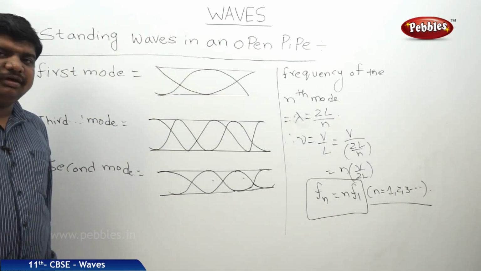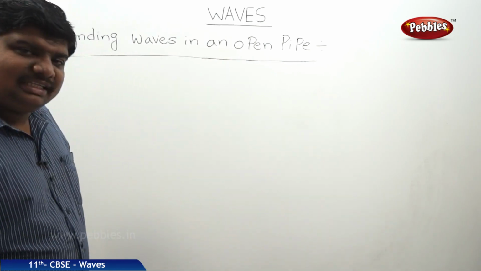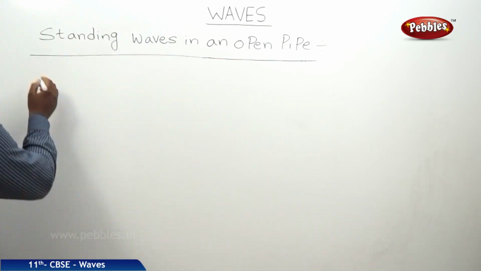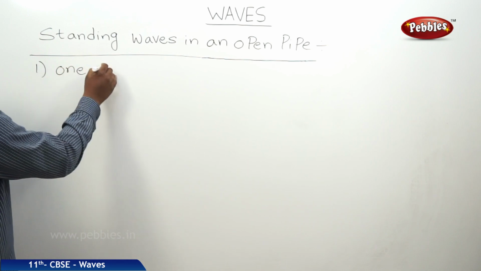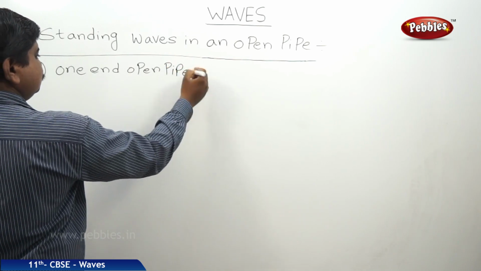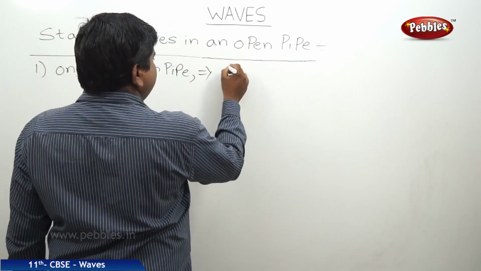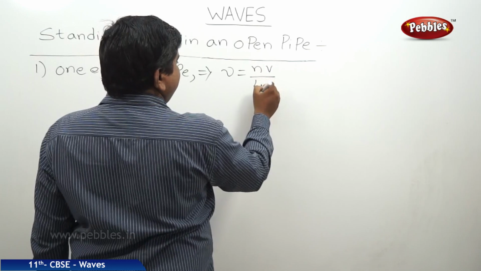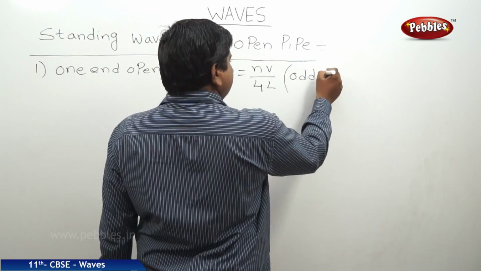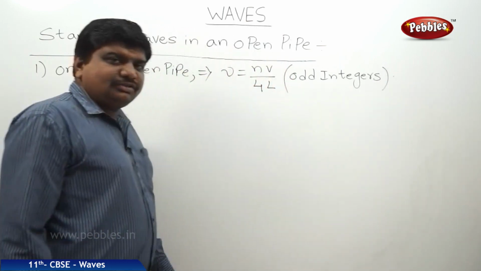Now we will see the comparison of this open pipe's harmonics to the one end open pipe's harmonics. If you see the comparison between the frequencies of a one end open pipe and a both ends open pipe, the first case is the one end open pipe. In this case, the frequency we got is NV by 4L, only odd integers, odd ratios 1:3:5.